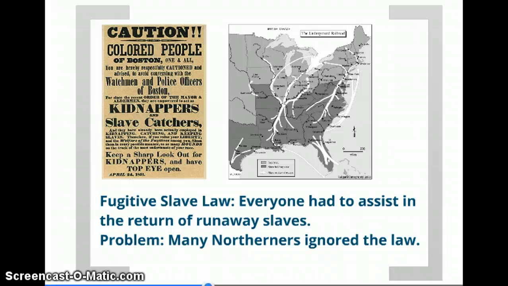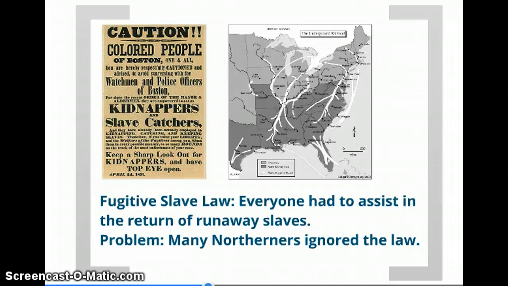Right away, Northerners didn't want to help return fugitive slaves. You can see the poster on the left warning when slave catchers were in an area of a northern city. The map on the right indicates routes that the Underground Railroad used to help runaways get to Canada.